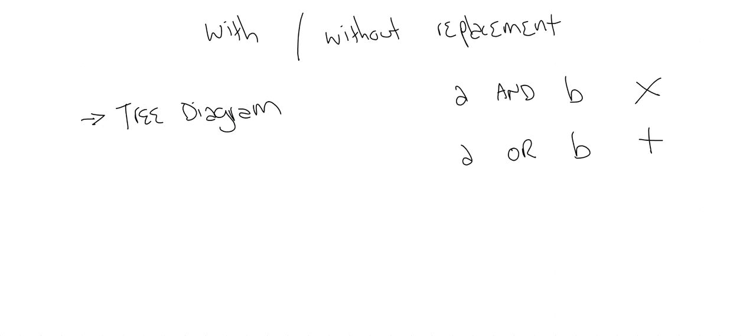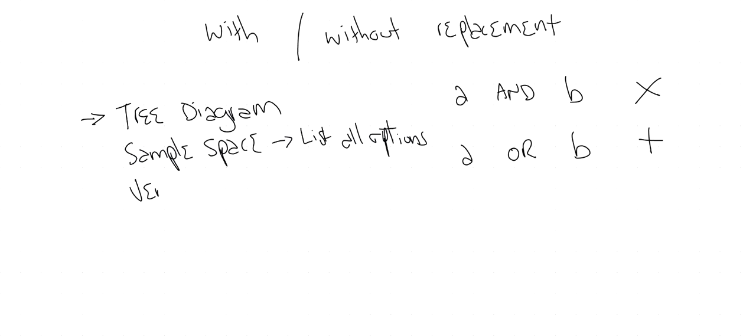What other types of diagrams are there? A sample space. So a sample space is just listing everything. Sample space just means list all the options. Josh, what do you got? Venn diagrams, absolutely.